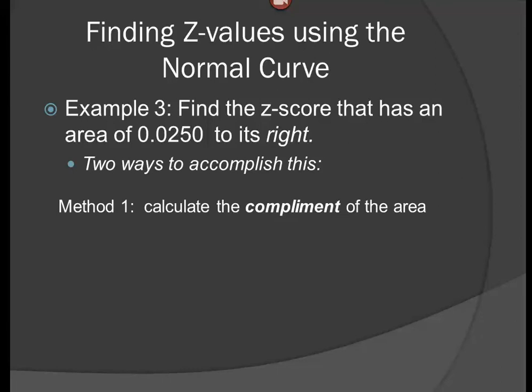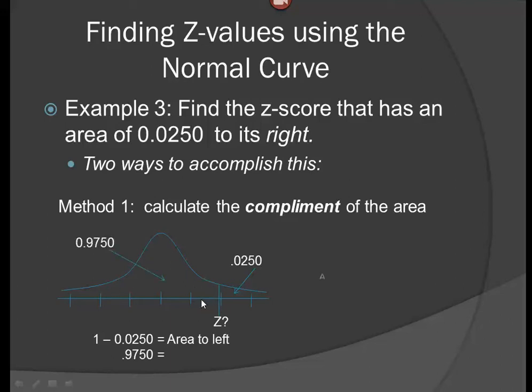The first method is to find the complement of this area. If we know there's 0.0250 to the right, then we can look at what would be to the left of that value. If I take 1 minus that value, we see the area to its left is 0.9750. That would be the area over on this side.